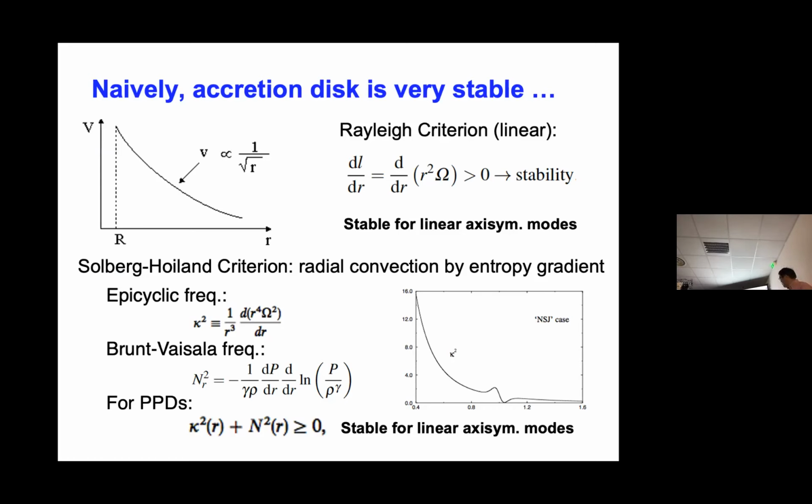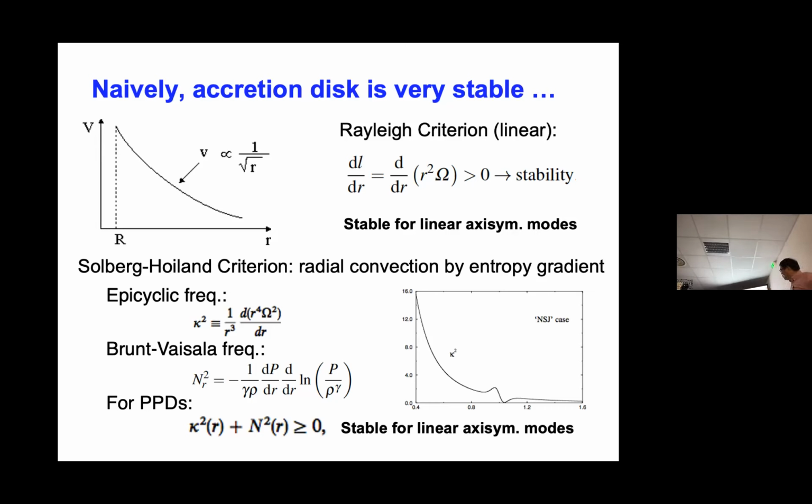So if you exchange two fluids at different radii, it will restore itself back into this kind of shear flow, meaning they're very, very stable. So this problem, that an accretion disk with a nearly Keplerian profile is linearly stable, at least to axisymmetric modes, has been a long-standing challenge in astrophysics for the past half century or more.